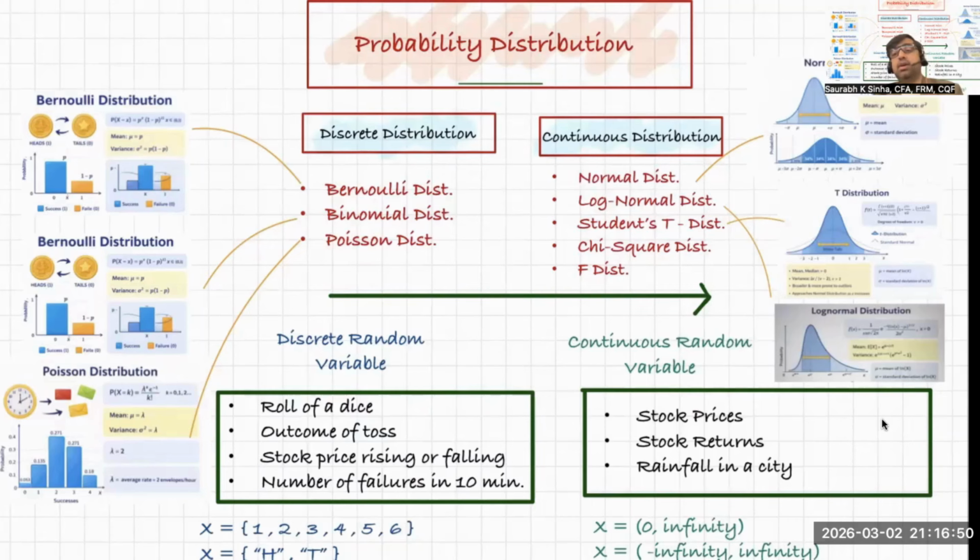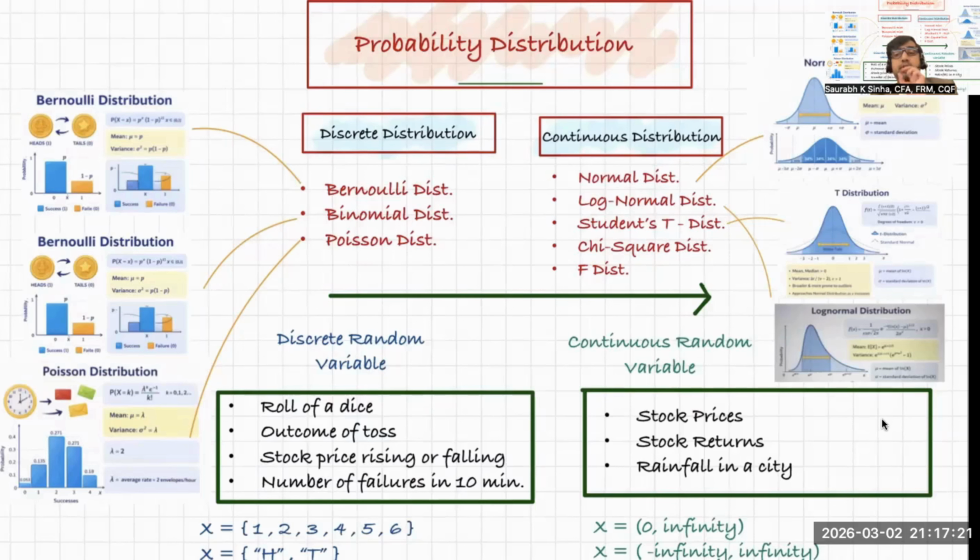For example, if you know that stock price follows log normal distribution or stock return follows normal distribution, it becomes very easy to say that the return of the stock will be between 5% to 6% with 95% probability, or between 10% to 12% with 80% confidence.